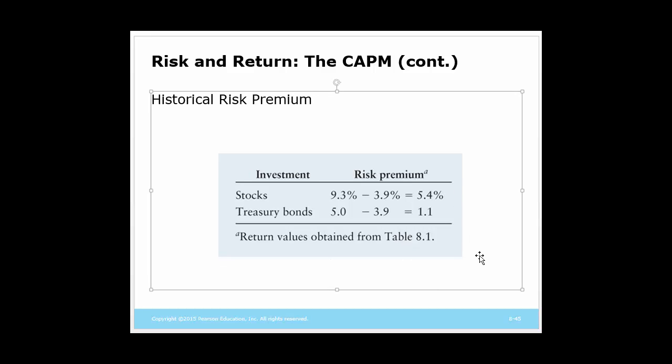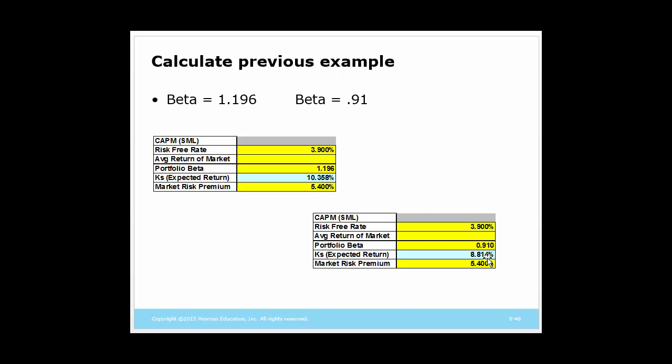So in this case, we end up with about a 5.4% historical risk premium if you invest in stocks rather than investing in the risk-free asset. So what can we do with this? Well, you can take the risk-free asset and plug it into the risk-free rate.